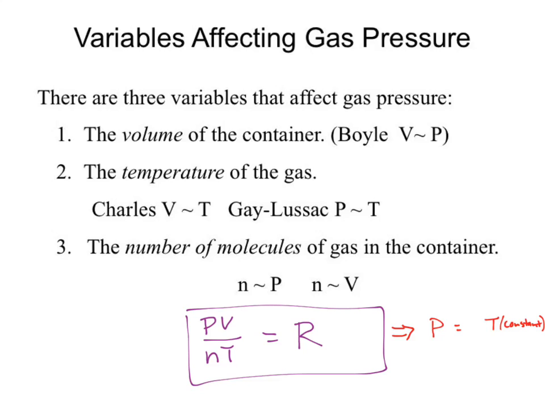Okay, this becomes a trickier question. Whole numbers? Numbers aren't a unit, so that doesn't quite work. It's going to be the units based on whatever our units were for pressure, volume, N, and T. Well, what units do we use for N? Moles.